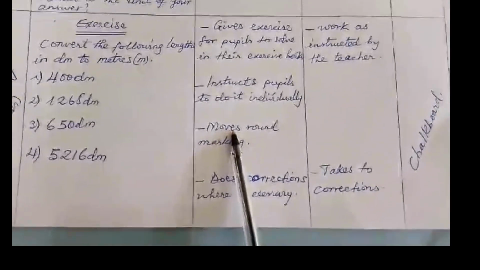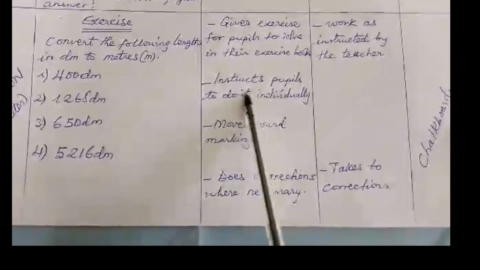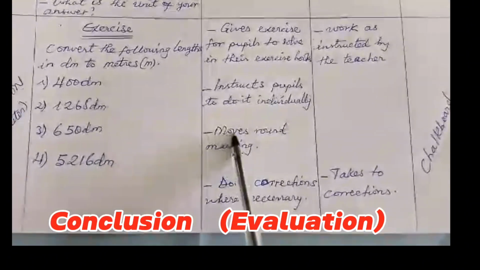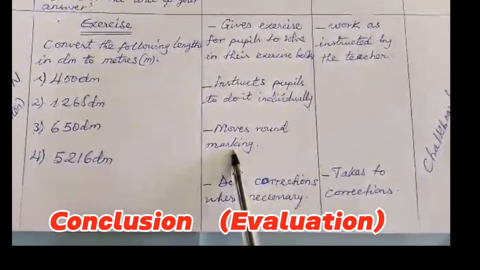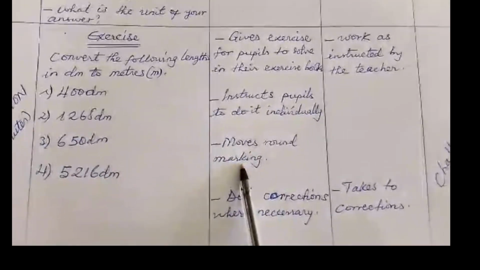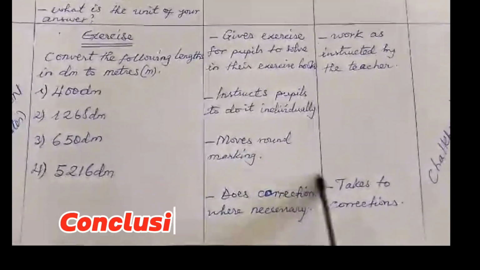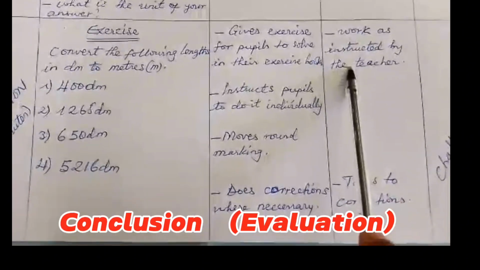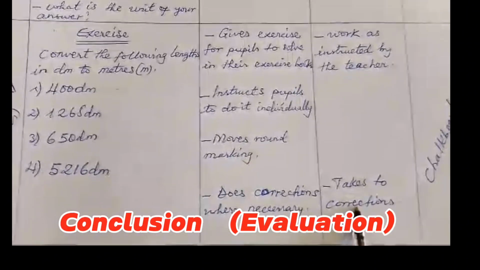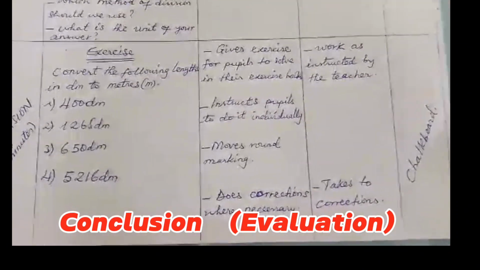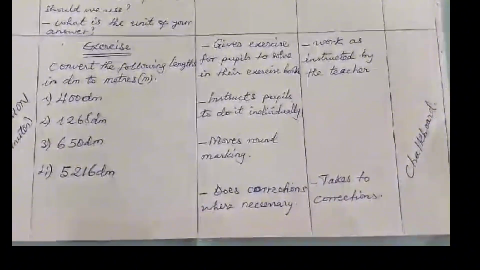While they're working, he moves around and marks the exercise books, because it's an opportunity for the teacher to meet the kids one on one and handle them individually. The next one, he does the correction when necessary. So the kids work as the teacher asks them to do, and they take the correction.